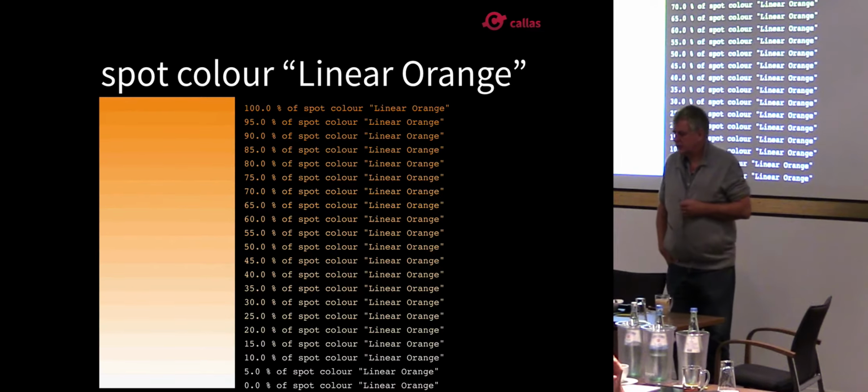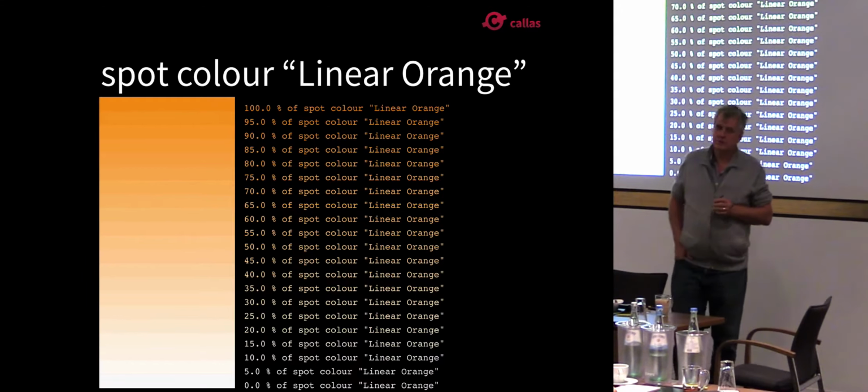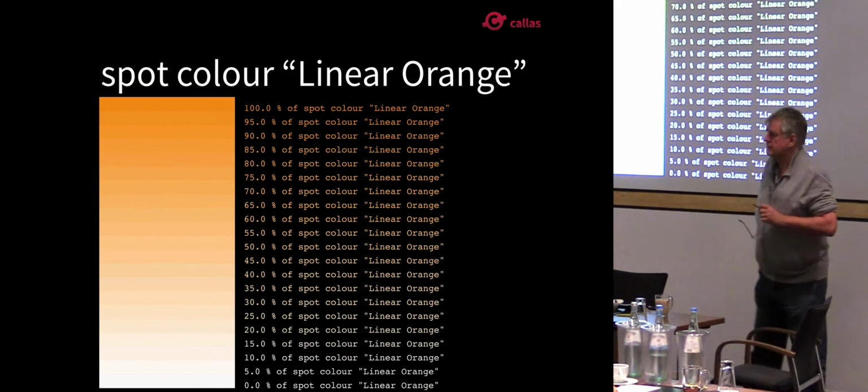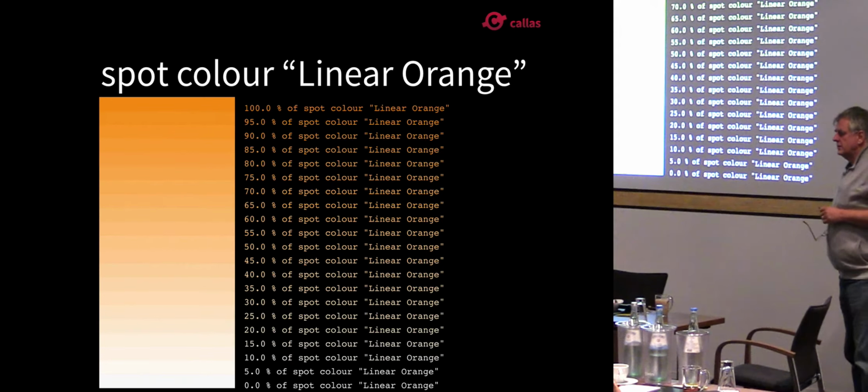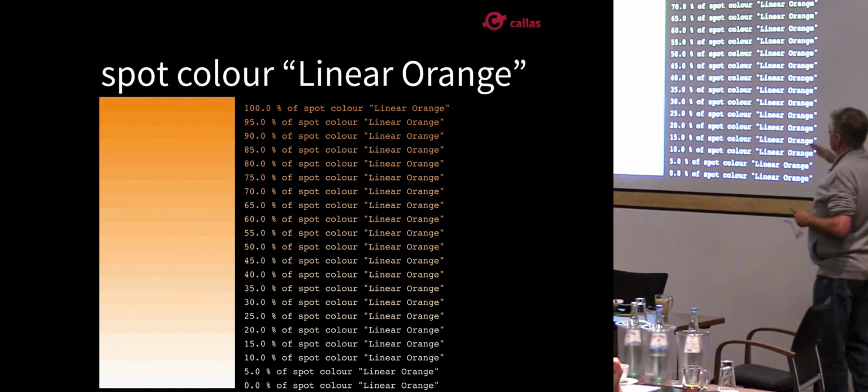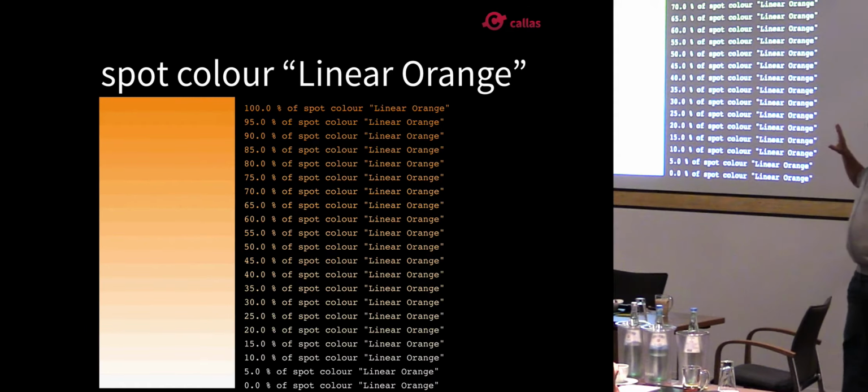And just to give you an idea what is possible doing this, this is a typical alternate representation or alternate color space with tint transform for spot color orange. I call it linear orange because the next slide will show a not so linear color appearance. 99% of spot colors we are dealing with are done like this.